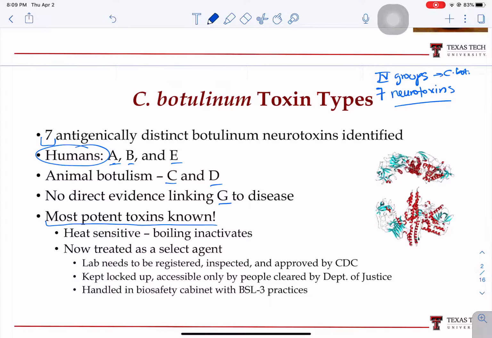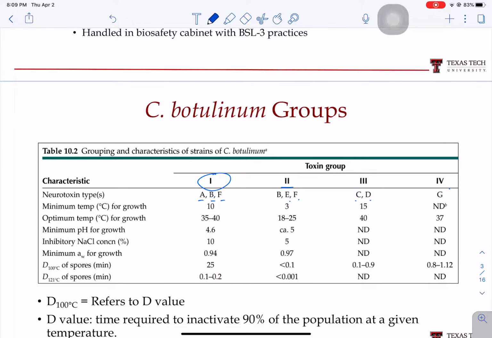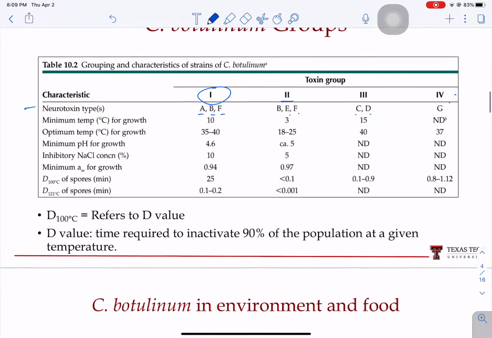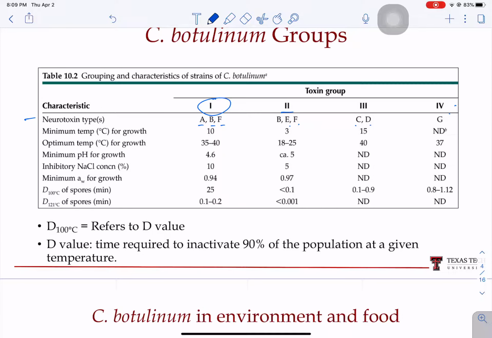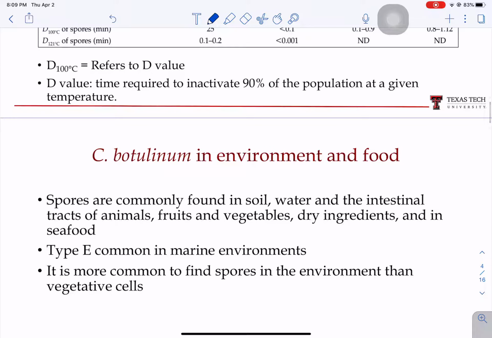It also is related to the amount of toxin that you consume as well, so we have to mention that. Okay, I already explained this, so we know that there are different groups of the microorganisms and different types of neurotoxins. These neurotoxins are heat sensitive, and we have some information later on in these slides that will be very important for you to know.